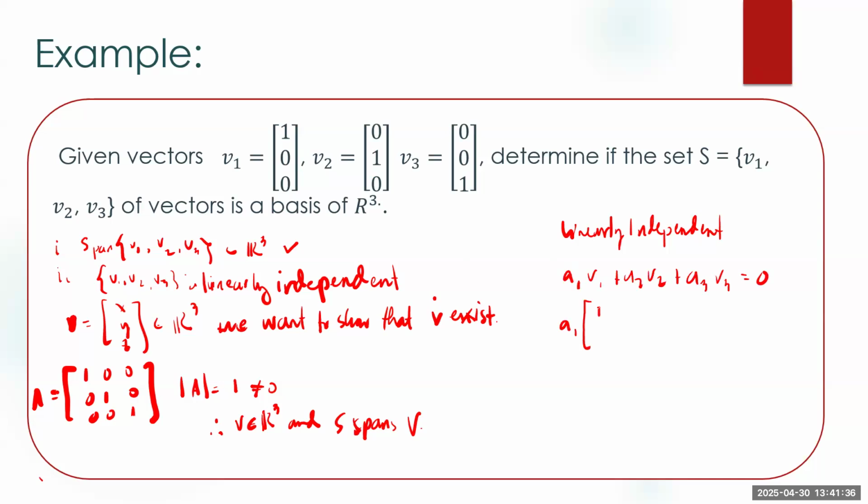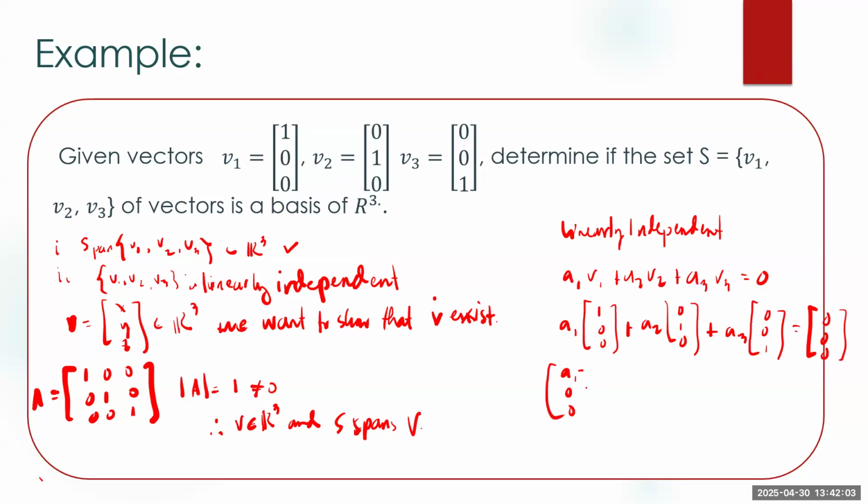Substituting the values of our V1, V2, and V3, and distributing A1, we have A1, 0, 0, plus A2, 0, 0, plus A3, distribute.